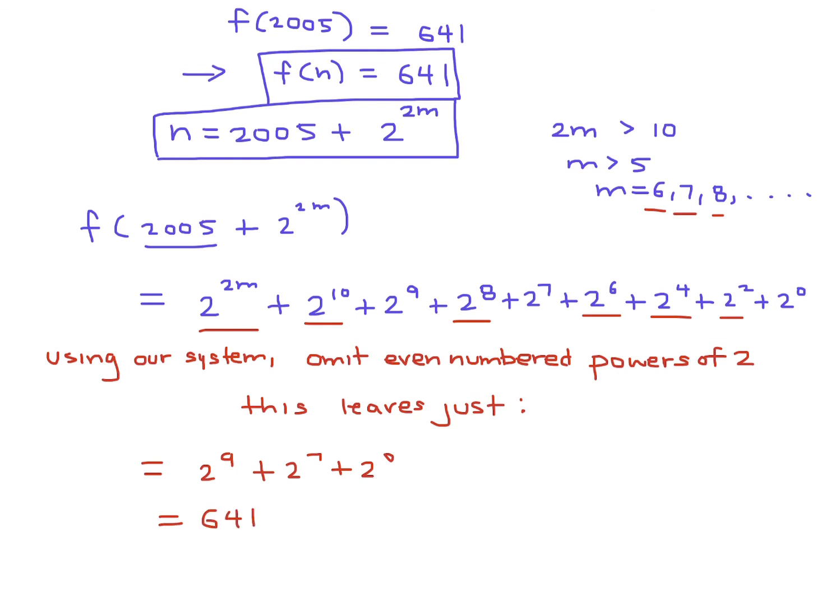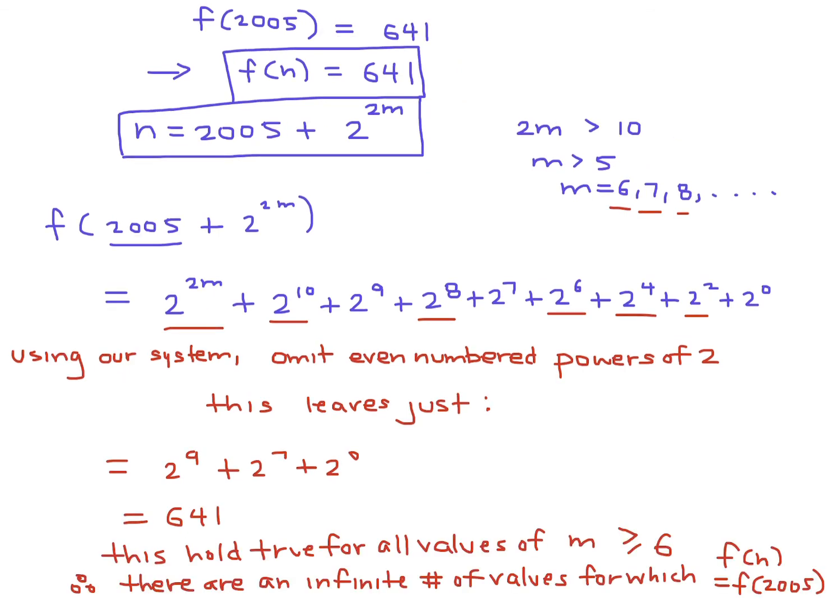And this will hold true for all values of m that are 6, 7, 8, and greater. So this holds true for all values of m greater than or equal to 6, and therefore there are an infinite number of values for which f at n equals f at 2005. And that completes number 10.